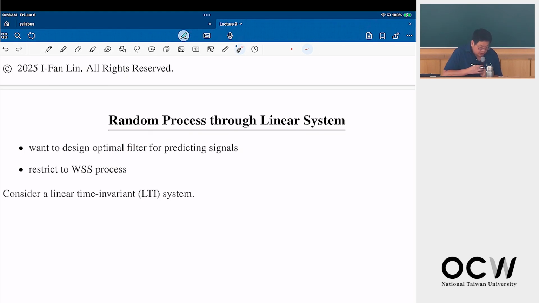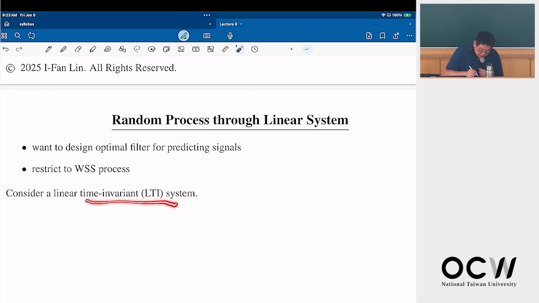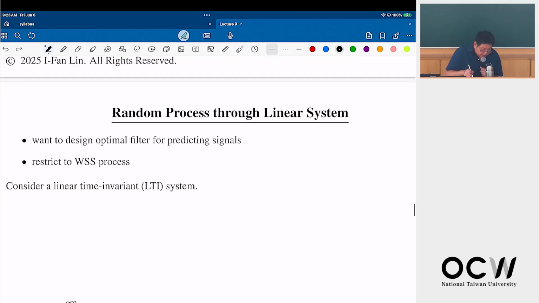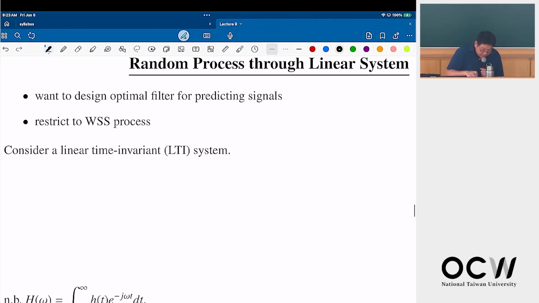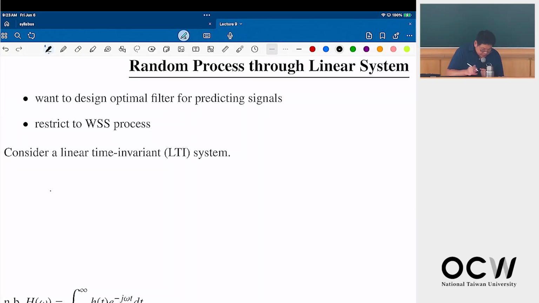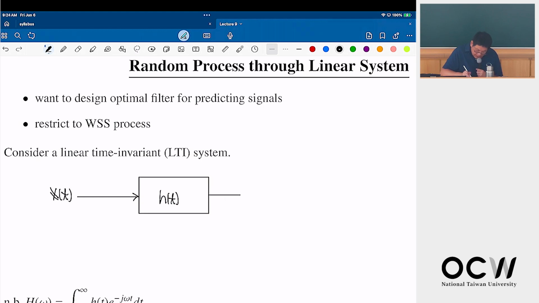So if I consider a linear time invariant system, the LTI system, I have an input, and I send the signals to a black box. Say this is a system. And then I get the output.